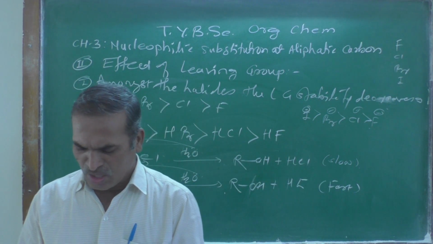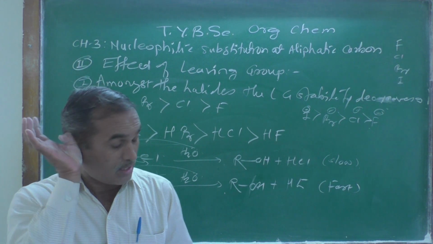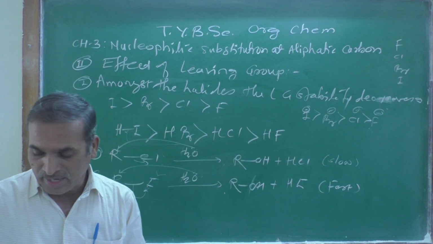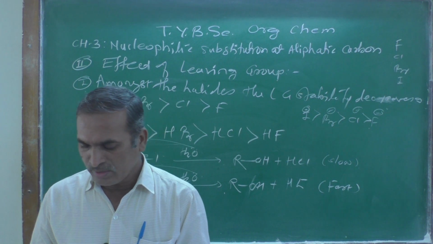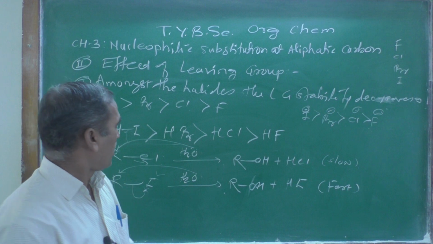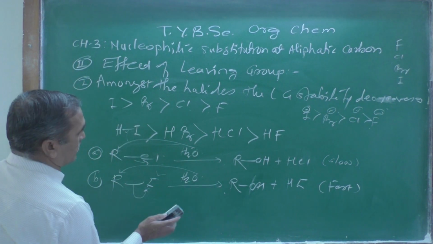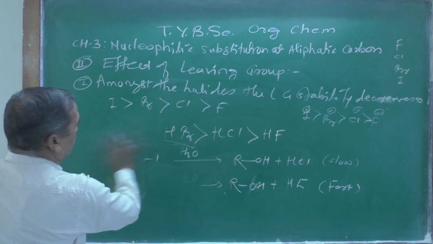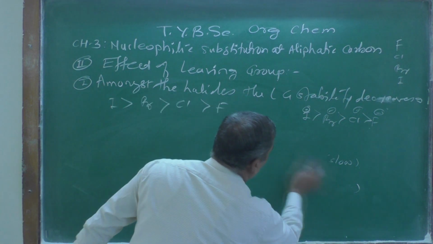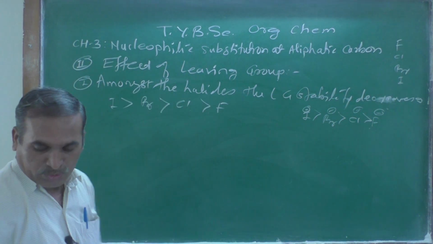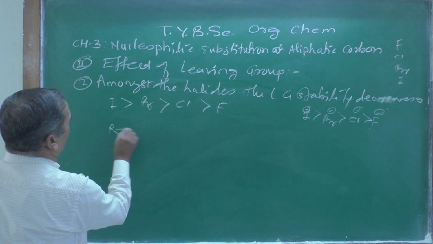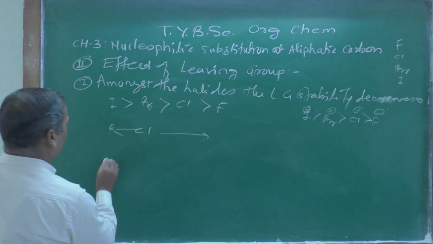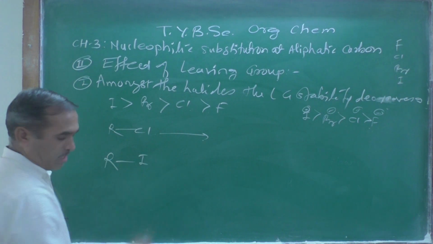Now let us look at another one. Iodine acts as a good nucleophile as well as a good leaving group. Let us see another example, again comparing two reactions. One reaction is RCl, then RI.